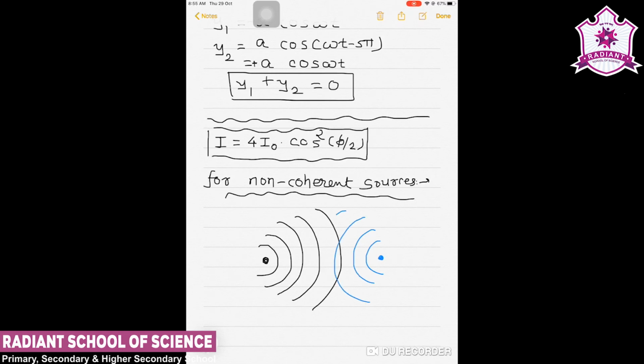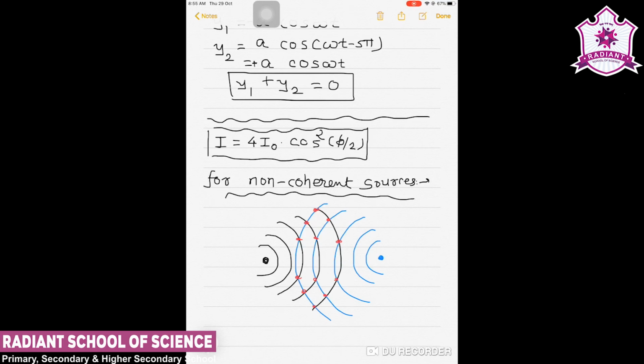Now, wherever the condition of interference is taking place, say here, here, here, and here, in all these cases, whatever pattern is formed remains as it is.